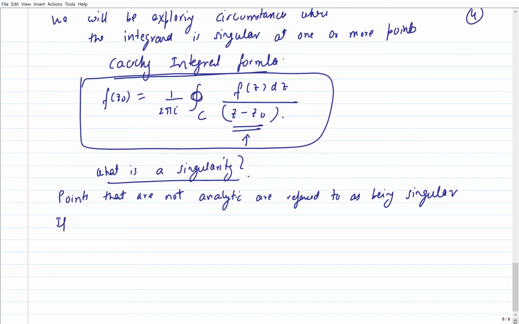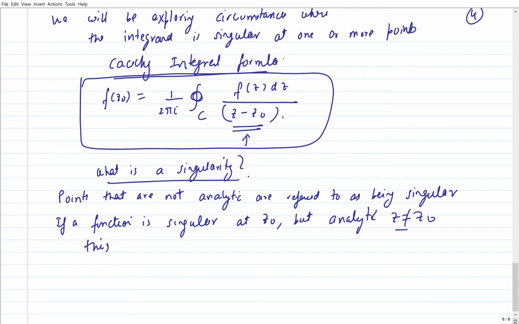And so what kind of singularities we have? If a function is singular at z0, but it is analytic for z not 0, this is known as an isolated singularity.